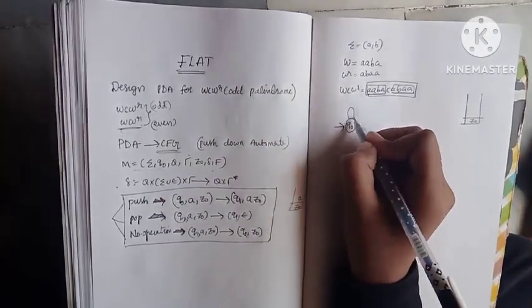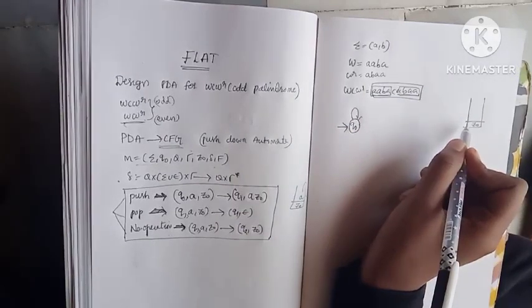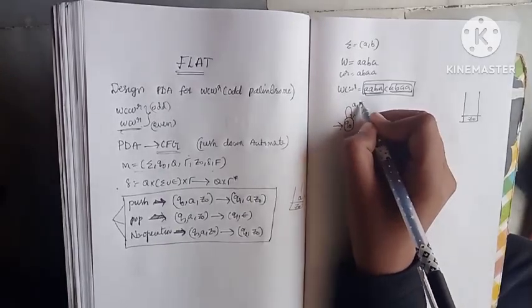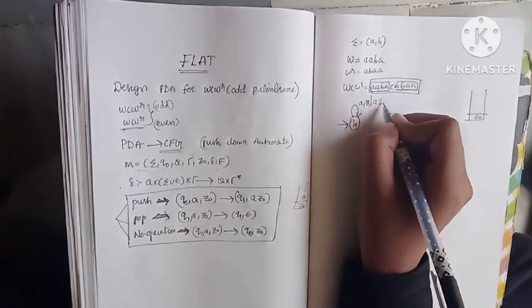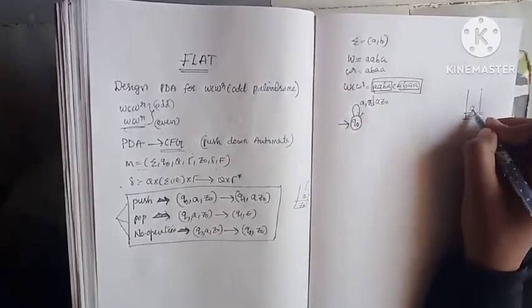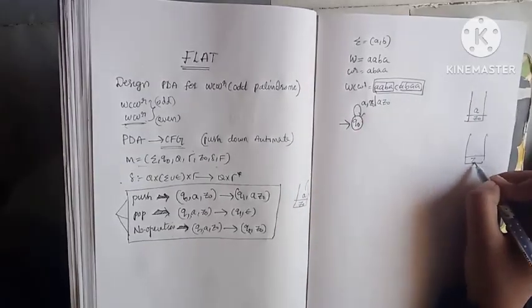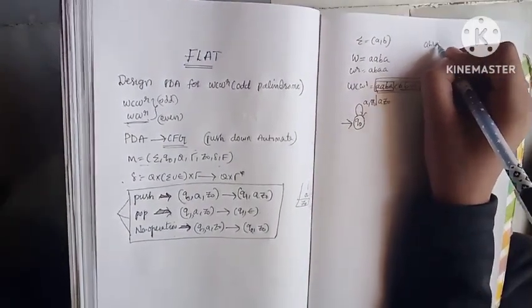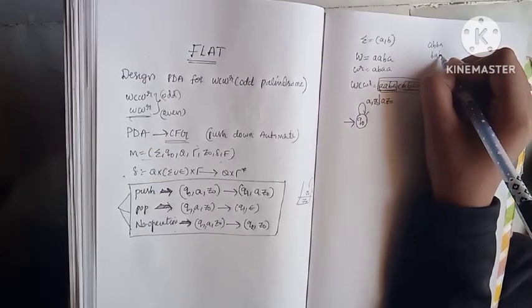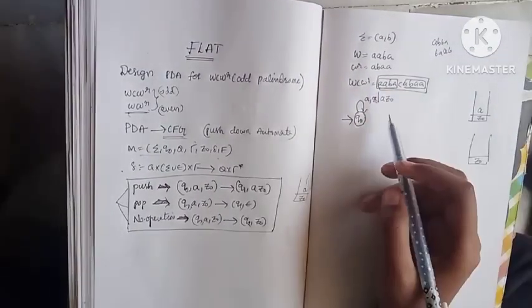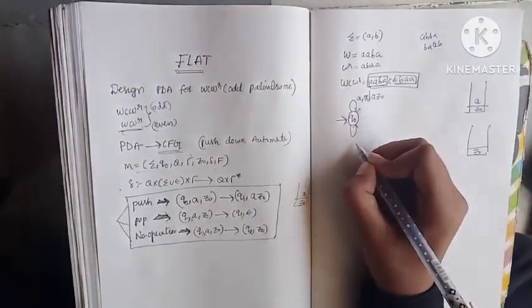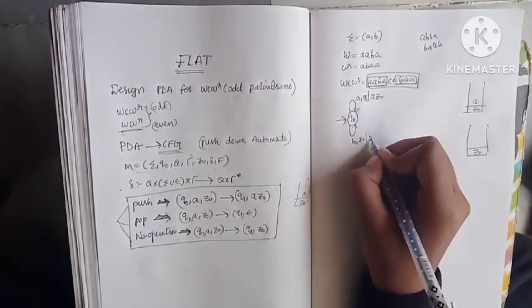Now if I want to push a, the stack is empty initially, so the top of the stack is Z0, and it will become aZ0. Now for example, I am not taking a, I am taking b, because a palindrome may look like abba or baab also, isn't it? So if my first input is b and there is nothing in the stack, so it is Z0, I am going to get bZ0.